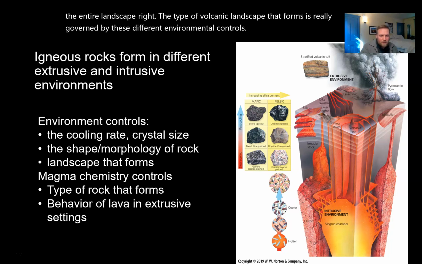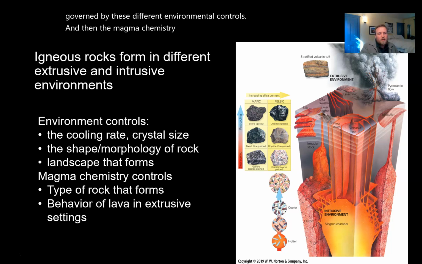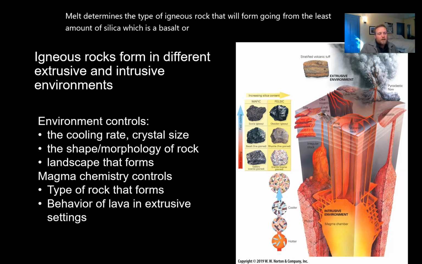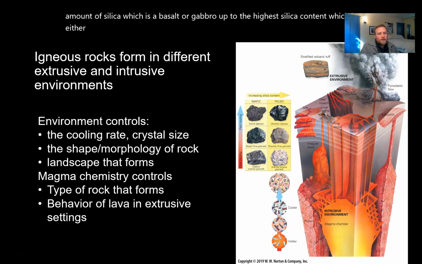And then the magma chemistry, right? Specifically, how much silica is in a melt determines the type of igneous rock that'll form, going from the least amount of silica, which is basalt or gabbro, up to the highest silica content, which is either granite or rhyolite, okay?